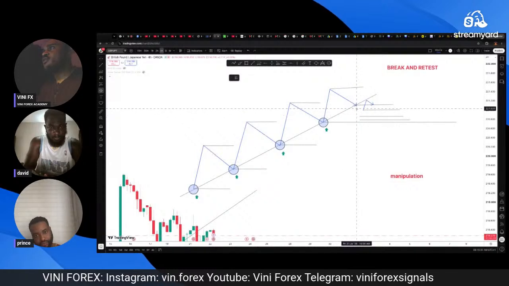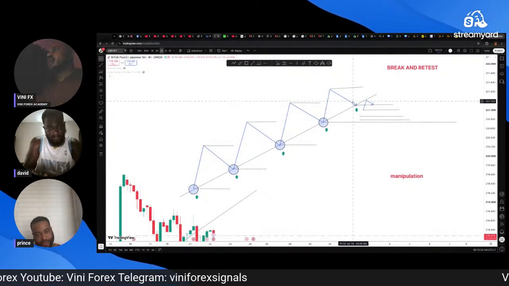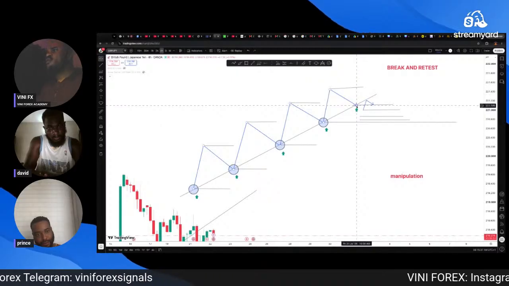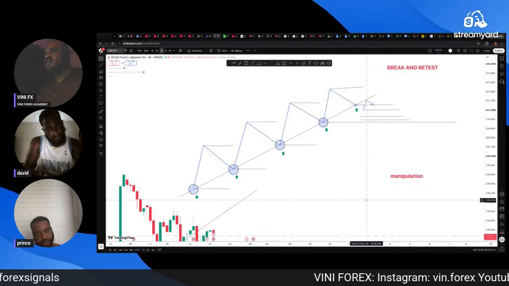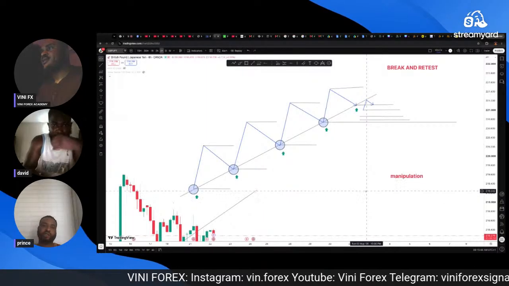Then at this fifth touch, what will you be expecting to do, looking at the previous patterns of the market? To buy.